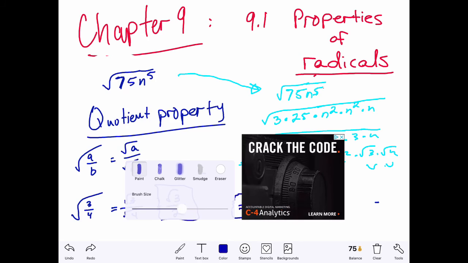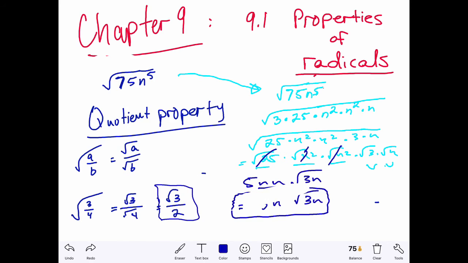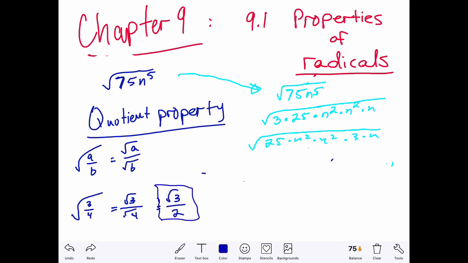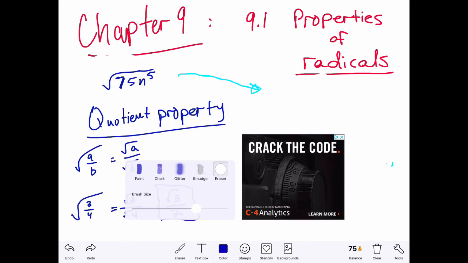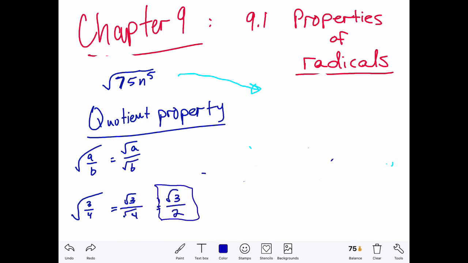Okay, so let's try a couple like this. The square root of 15/64. So let's start with the fairly straightforward one.